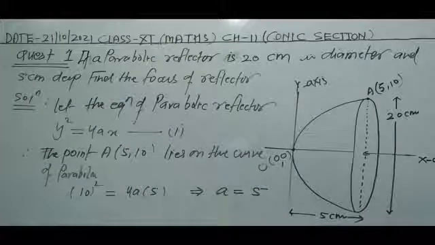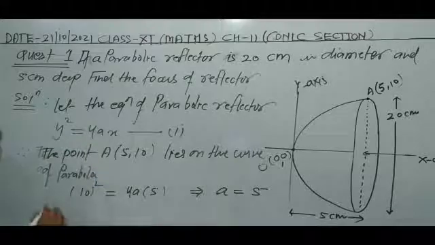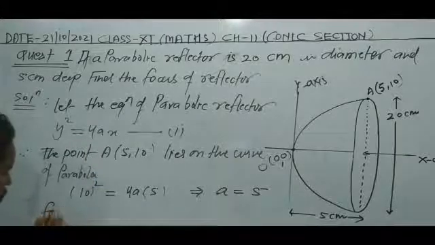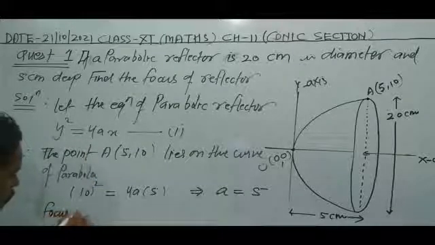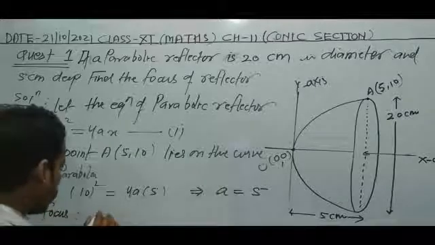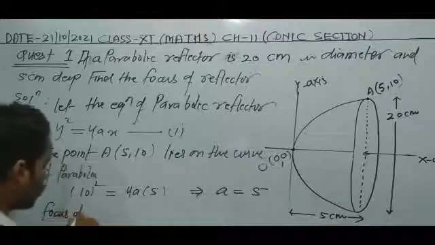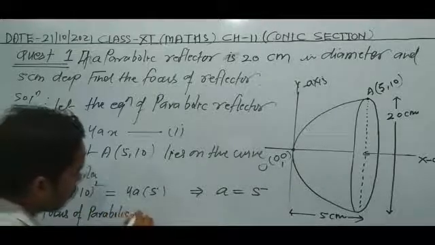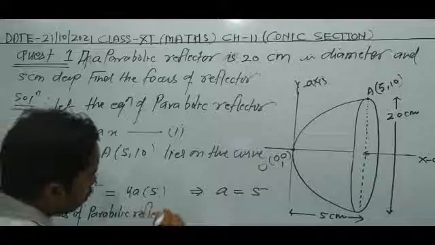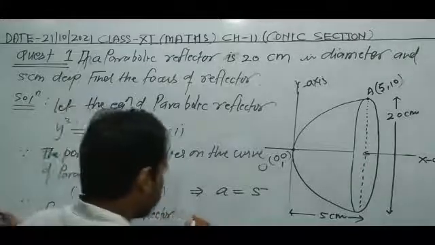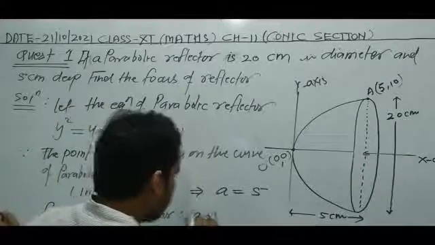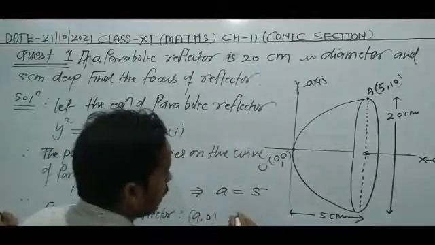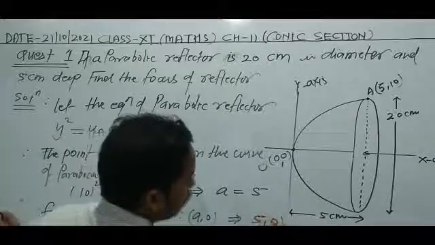And now we have to find the focus. So the focus of the parabolic reflector is a, 0, and this implies we can write 5, 0.